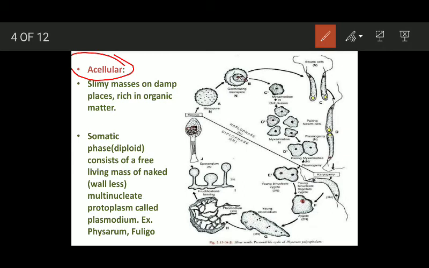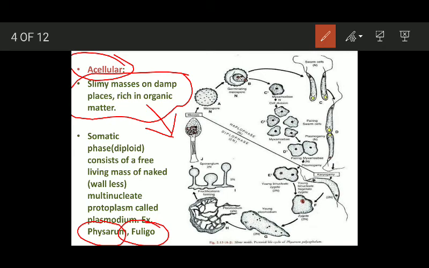Acellular slime molds occur as slimy masses on damp places which are rich in organic matter. The somatic or diploid phase of these acellular slime molds consists of a free living mass of naked multinucleate protoplasm called Plasmodium. The examples are Physarum and Fuligo.